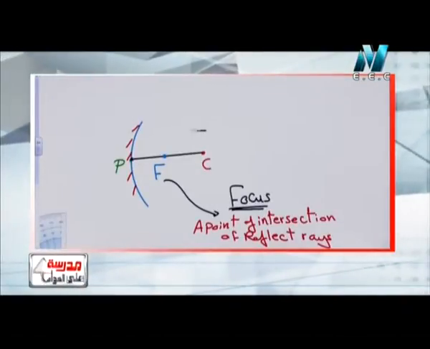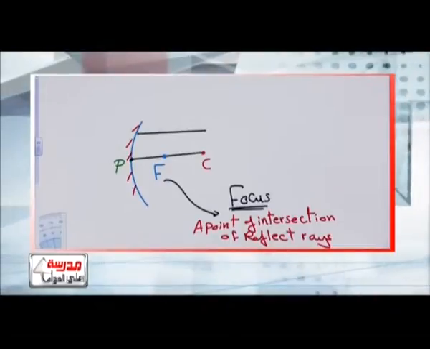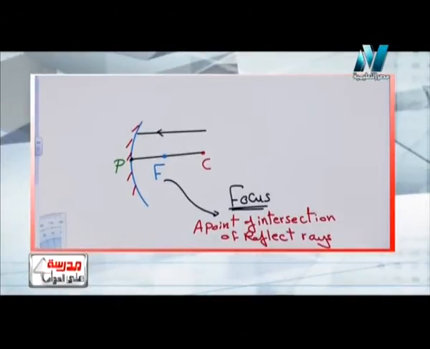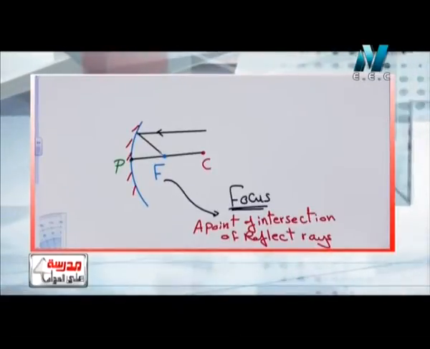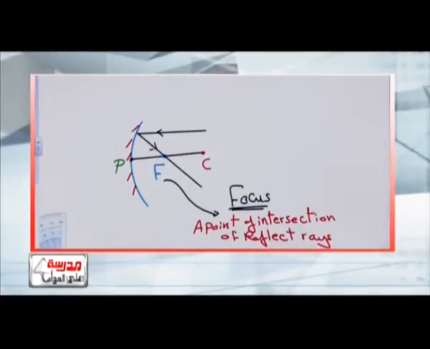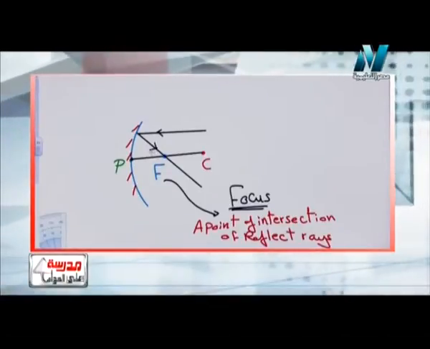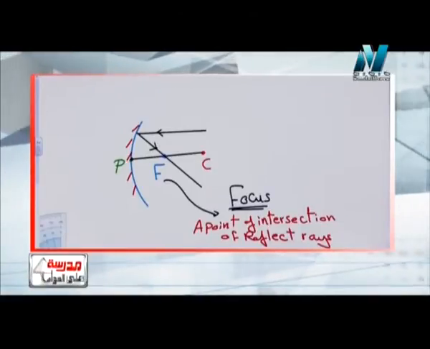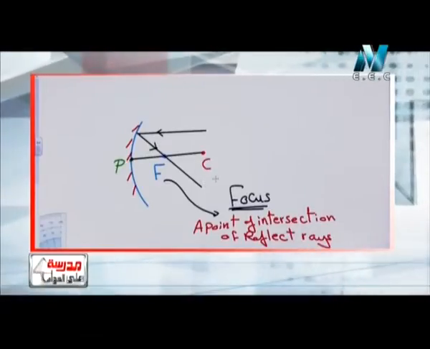But if we have a straight line or light ray like that, this light ray parallel to the principal axis will reflect through the focus like that. And we have another light ray. If we have a light ray, we should draw an arrow to know the direction of the light rays.